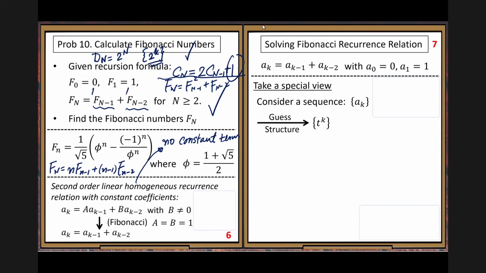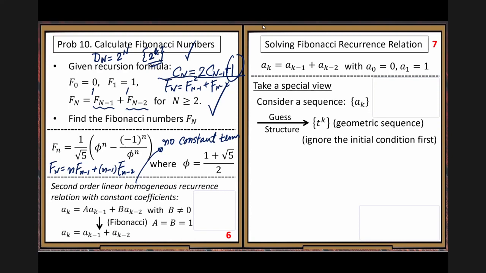With this structure, let's plug in. Let's assume a sub k equals t to the power of k. We assume that. How about that? Okay. Plug in. All right. So at this point, don't worry about the initial condition.